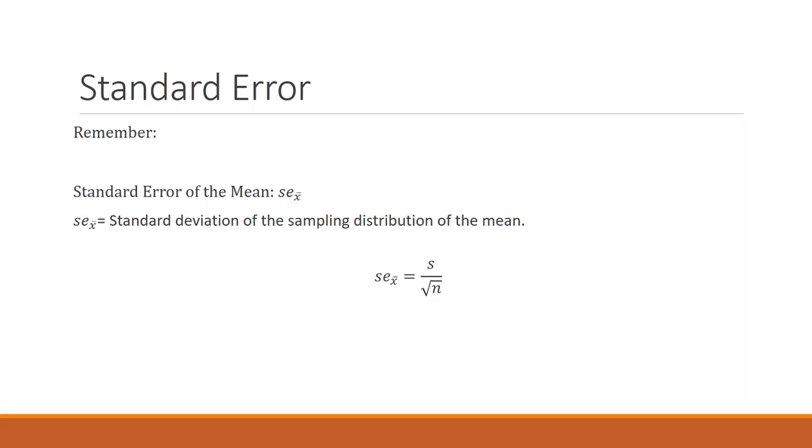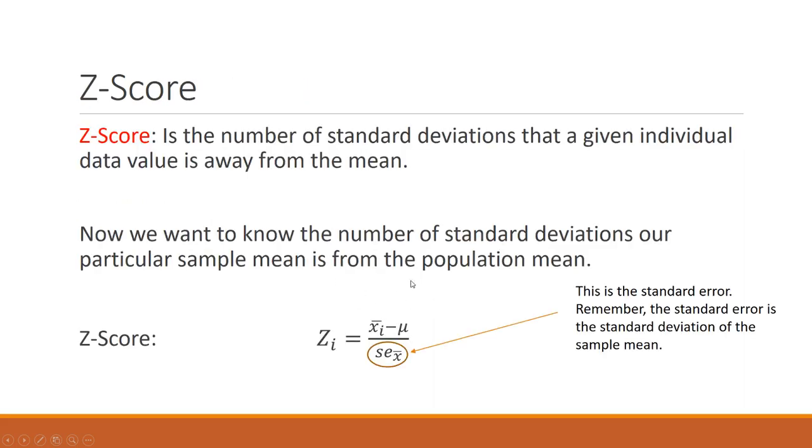The way we calculate or estimate it is the standard deviation of our sample data divided by the square root of our sample size. That gives us the standard error of the mean.